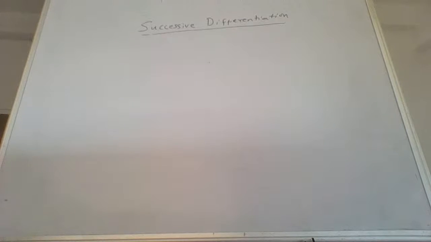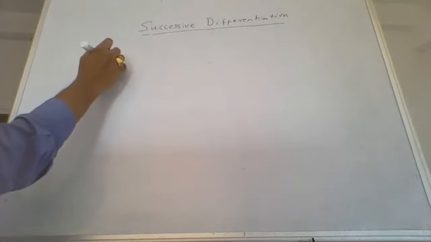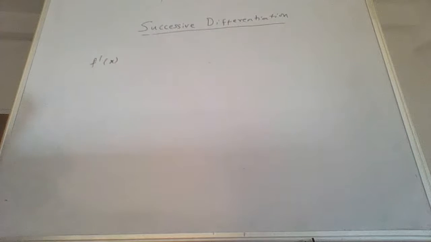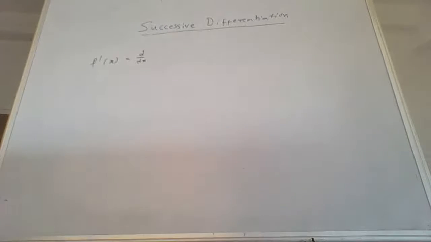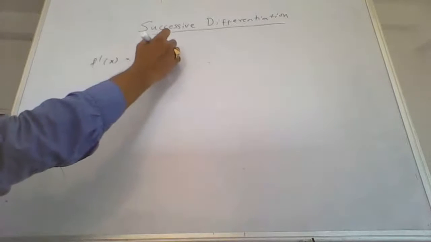Now let us see what is f dash of x. f dash of x is d by dx of that function, which is f of x.